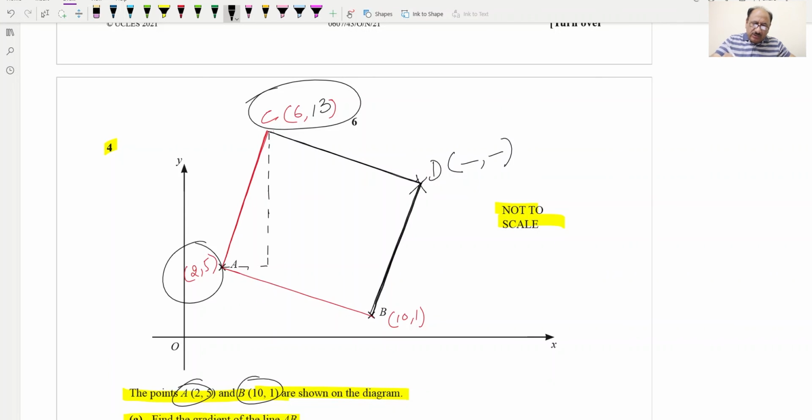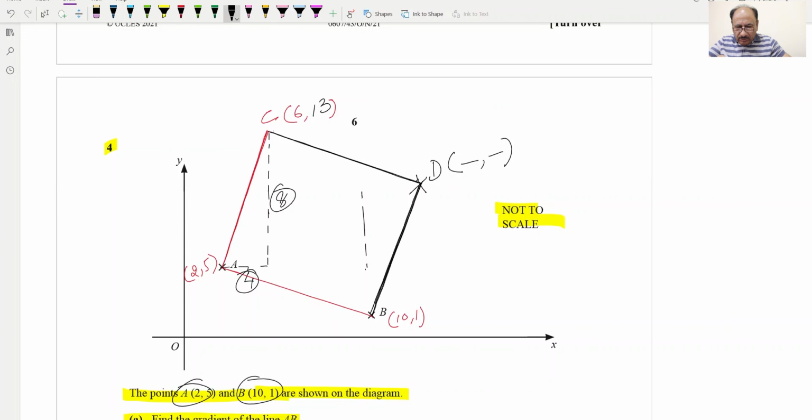So 2 is changing to 6 for the x coordinate, so our x change is 4, and 5 is changing to 13, so the y change is 8. Similarly, we can check from here also, and this is basically the same.